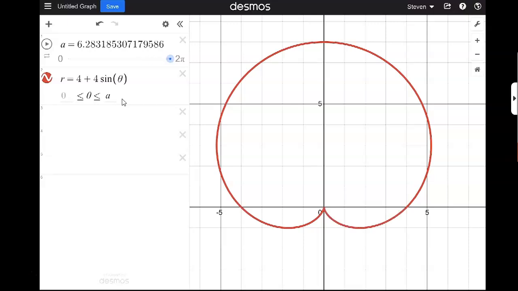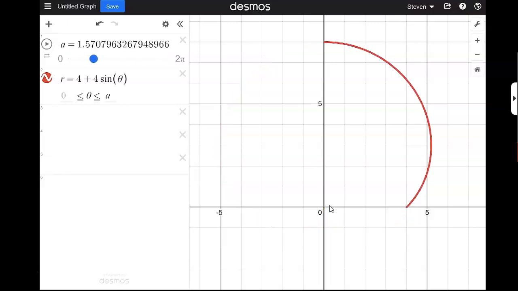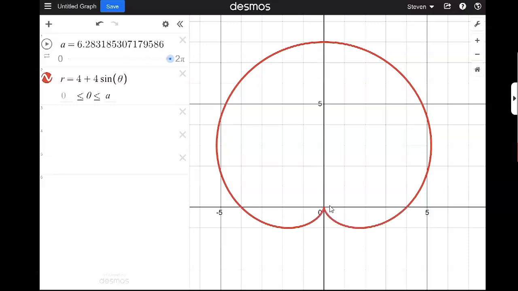So since I don't have a nice smooth piece where I can break it, like if I could look at it from here to here, but to do that I'd have to go from negative pi over 2 to pi over 2, and that's kind of messy. I like having 0 as one of my endpoints. So since this is just coming all the way around, and there's no nice piece I can just slice off and then double it like I was able to do before, I'll just stick with going from 0 on the angle all the way around to 2 pi.